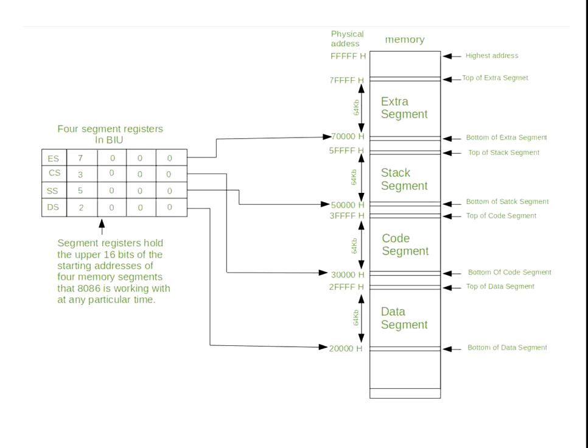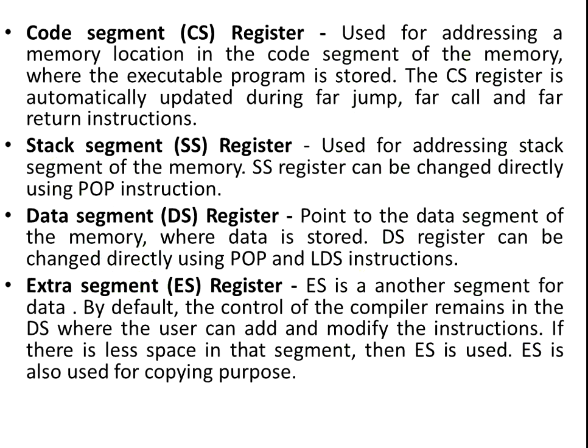So we can see each register. The first one is the code segment register. It is used for addressing a memory location in the code segment of the memory. It holds the base address of the code segment of the memory where the executable program is stored.